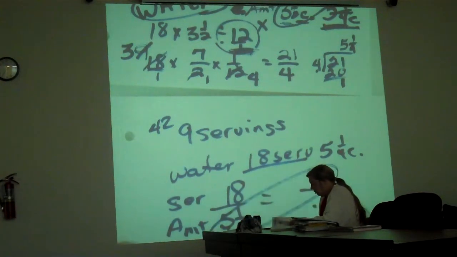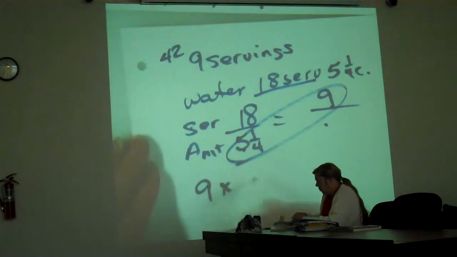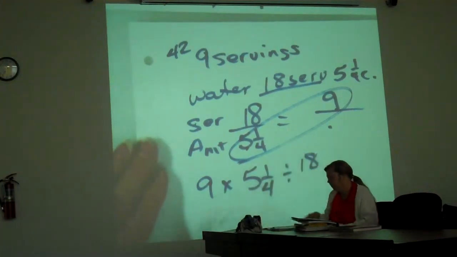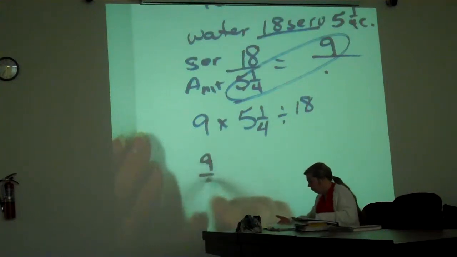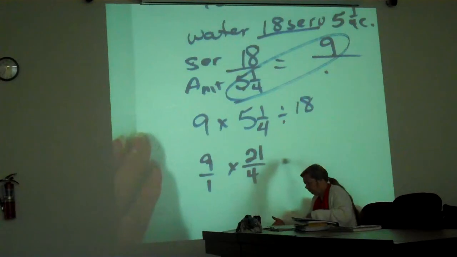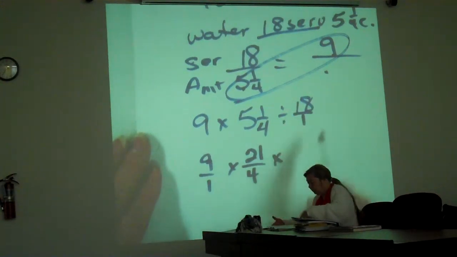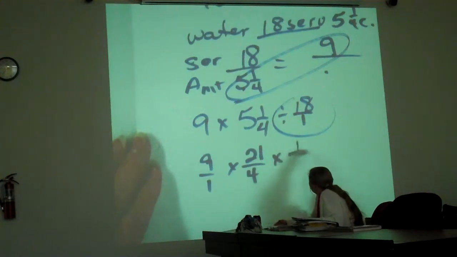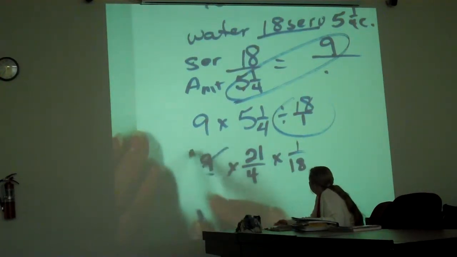Or you could do 9 times 5 1/4 divided by 18. 9/1 times 21/4 times what? Reciprocal, 1/18. And you can divide by 9.